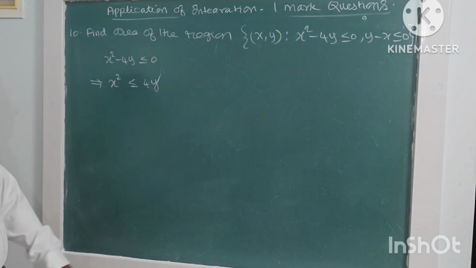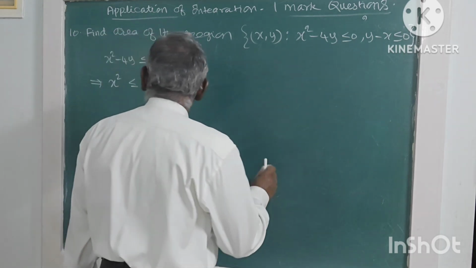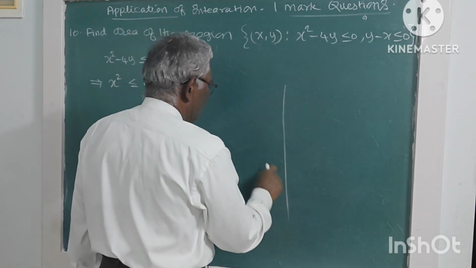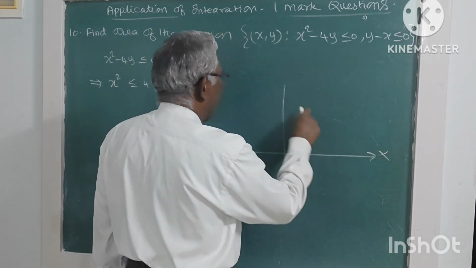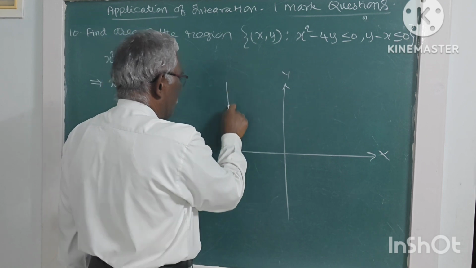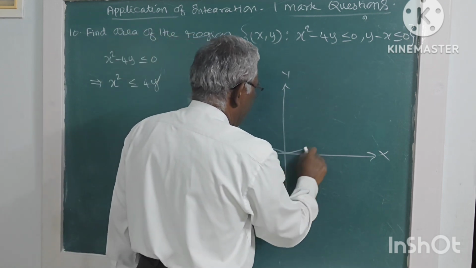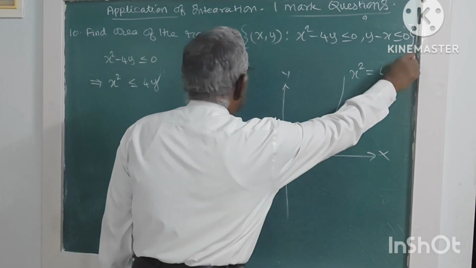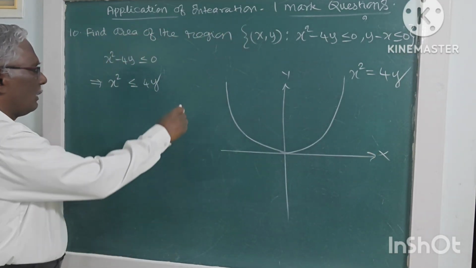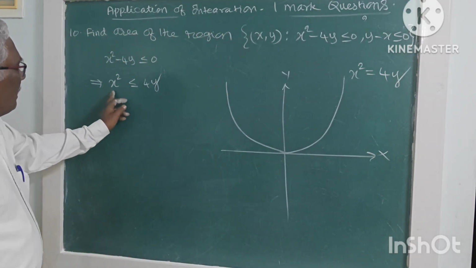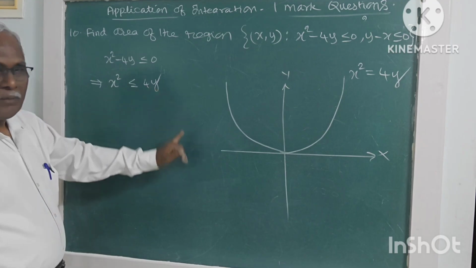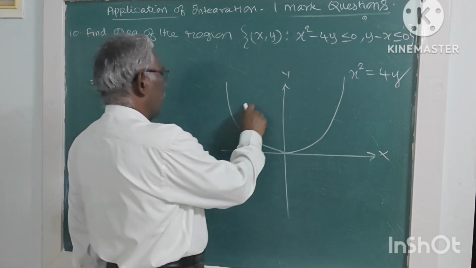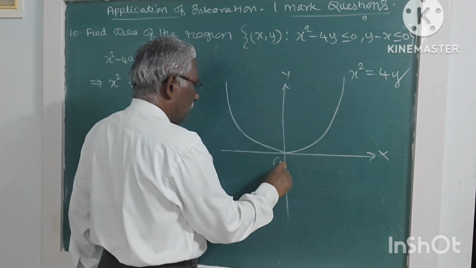So x square is equal to 4y is an upward parabola. We have to see x square less than 4y, but the solution is this side or above.